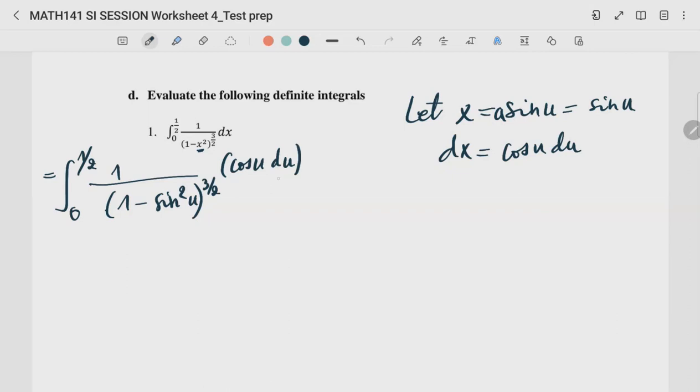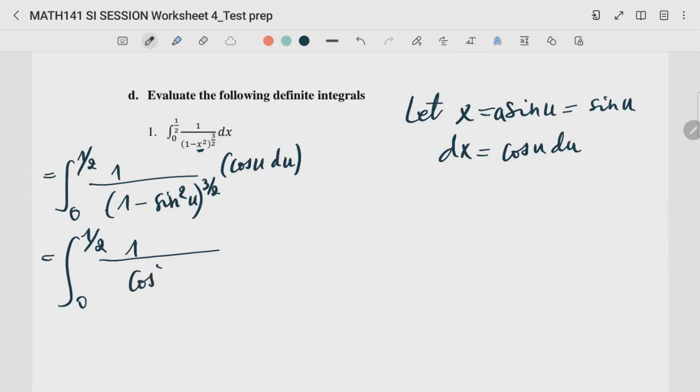So then this is equal to the integral from 0 to half of 1 over, 1 minus sine squared is cos squared.